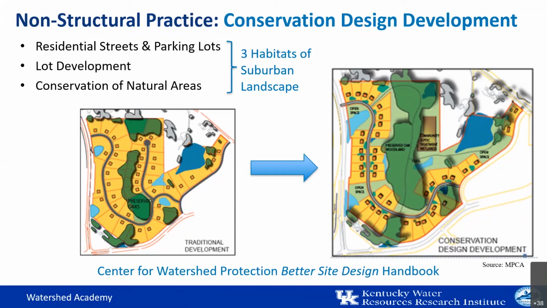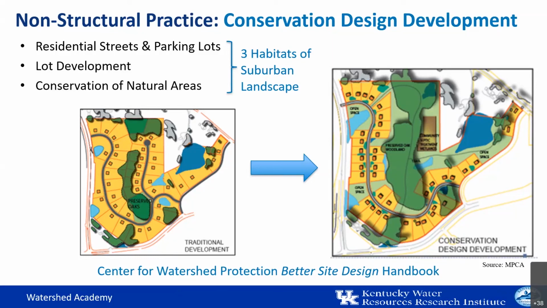The principles apply to what the center refers to as the three habitats of the suburban landscape. Those are residential streets and parking lots, or the habitat for automobiles. Lot development, which applies to habitat for where people live and work. These principles focus on things like lot size and shape, housing density, and the overall design of the neighborhoods.